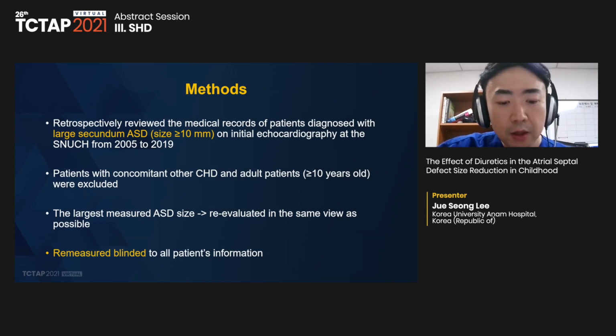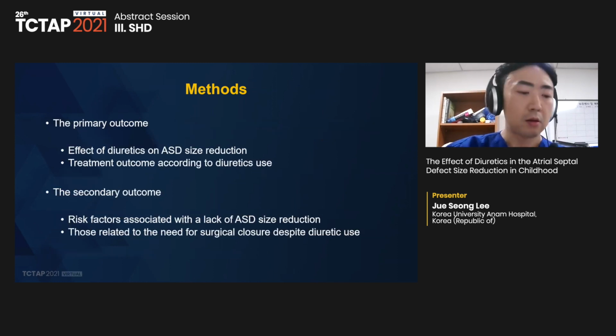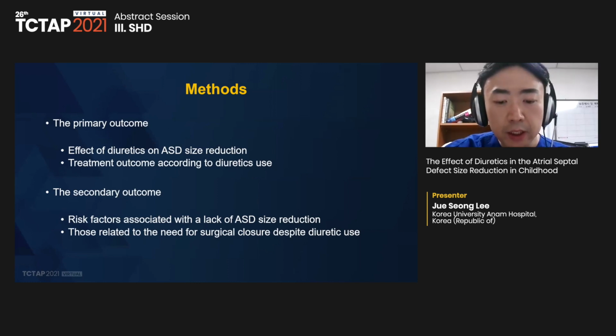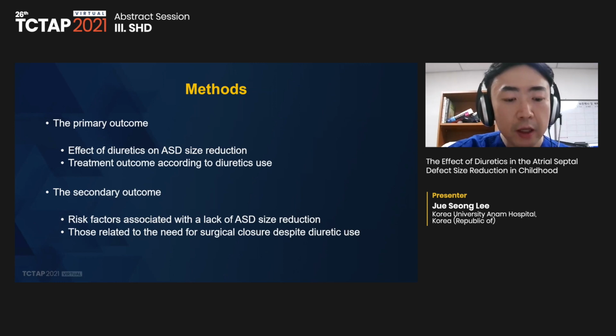The largest measured ASD size on echo was selected, and the ASD size was remeasured by a cardiologist who was blinded to the patient information. The primary outcome was the effect of diuretics on ASD size reduction and treatment outcomes. The secondary outcome was the identification of the risk factors associated with the lack of ASD size reduction and those related to the need for surgery.